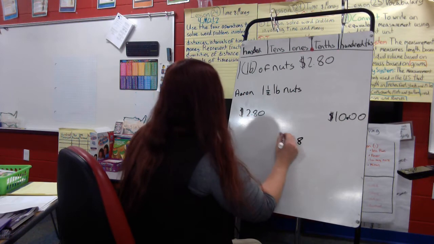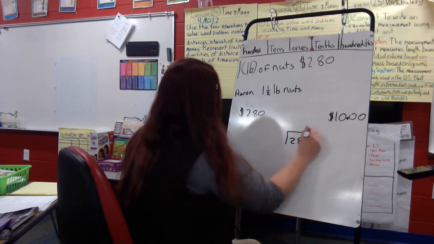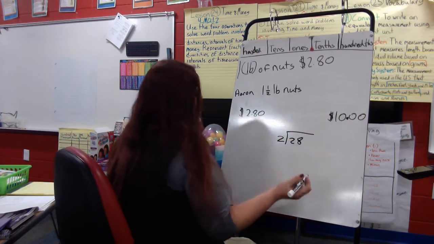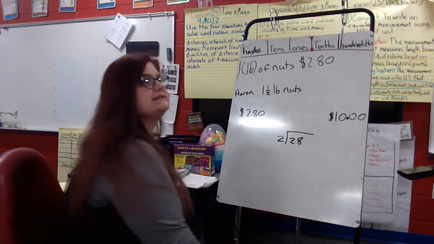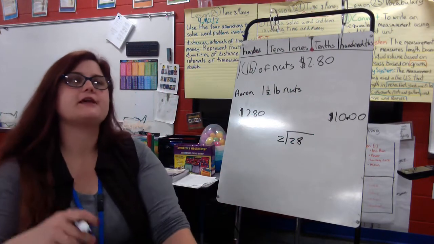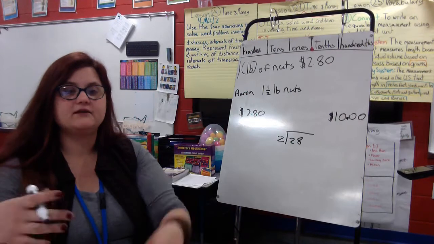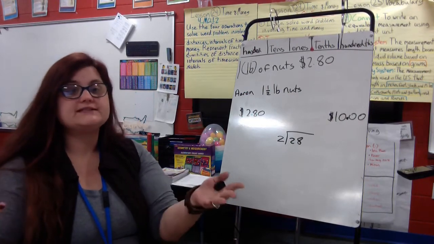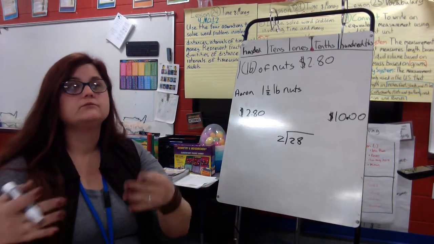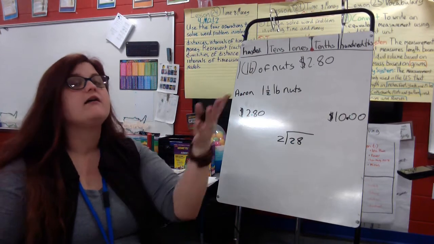And if I want to know what half of that is, all I'm going to do is divide by 2, right? Because think of it. When I say, what's half of 30? 15. What's half of 10? 5. Well, that's dividing by 2. 10 divided by 2 is 5.